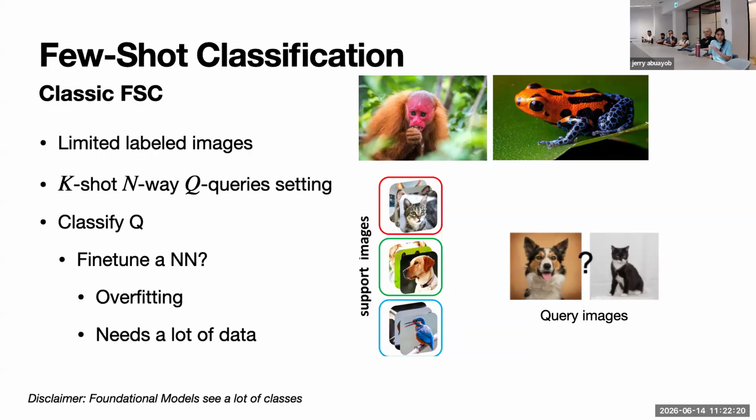Now, a main problem in few-shot classification is, unlike classical deep learning classification methods, where we train a model on a train split and we test the model on unseen samples, few-shot classification is considered to be harder because we train the model on a certain type of data, but we have to test it on unseen classes and not unseen samples.